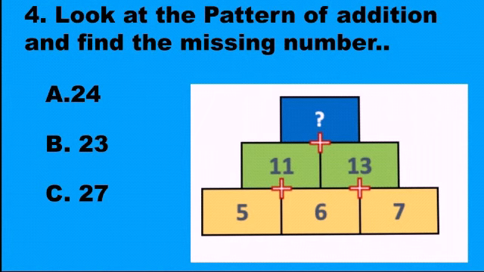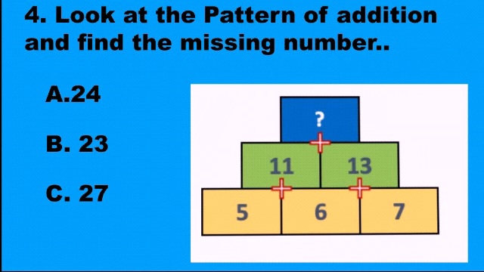It is our fourth question. Look at the pattern of addition and find the missing number. So here one pattern is given. You have to find out the pattern first. Pattern means rule. You have to find the rule being followed here, then find the missing number. You know where the missing number is? The missing number is at the top.